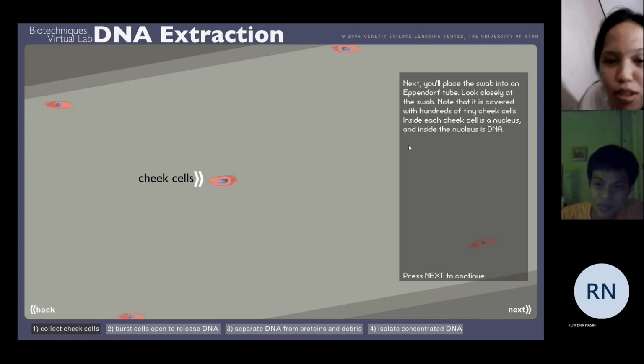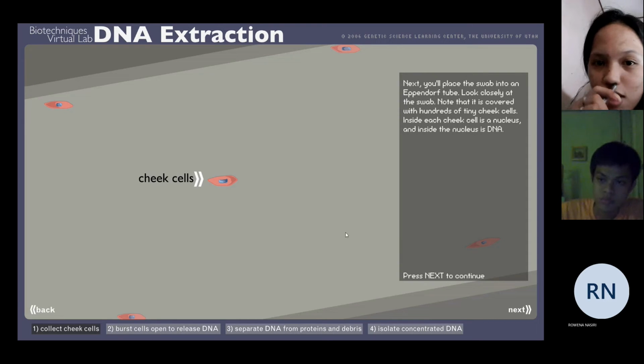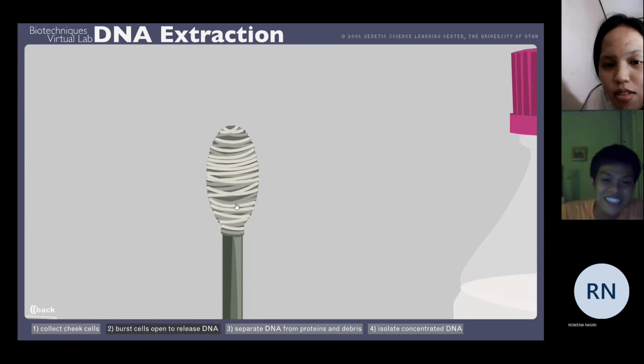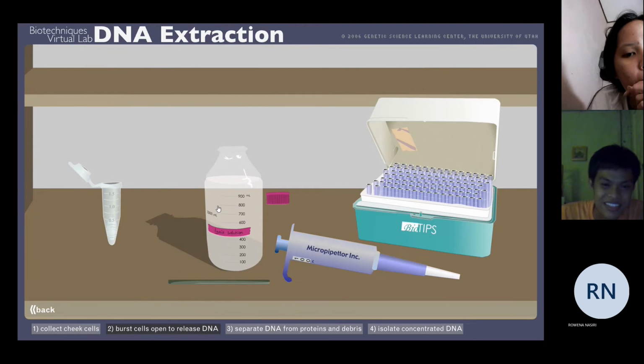Next, you'll place the swab into an Eppendorf tube. Look closely at the swab. Note that this is covered with hundreds of tiny cheek cells. Inside each cheek cell is a nucleus, and inside the nucleus is DNA. Wow, cheek cells.